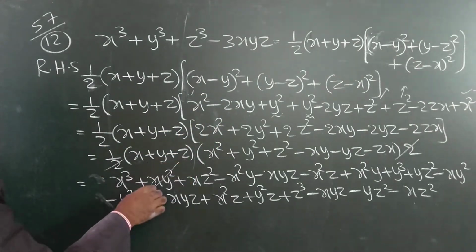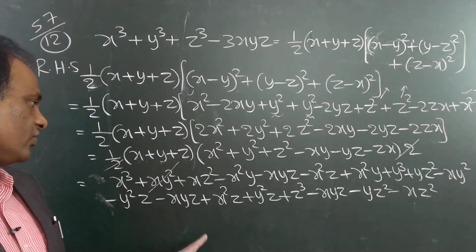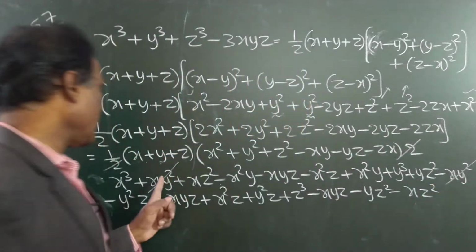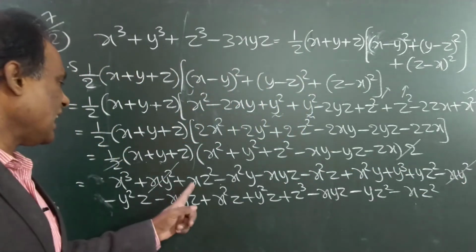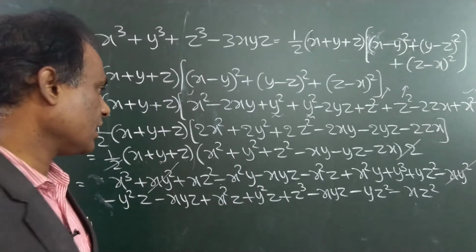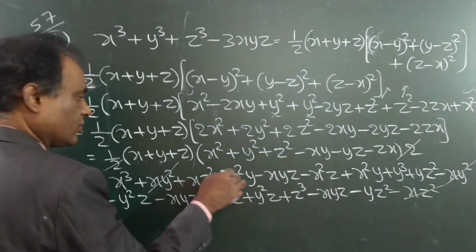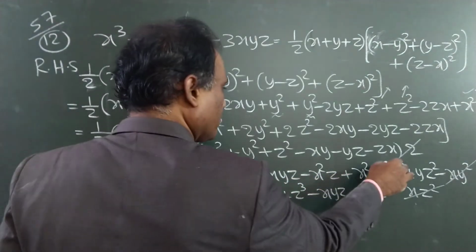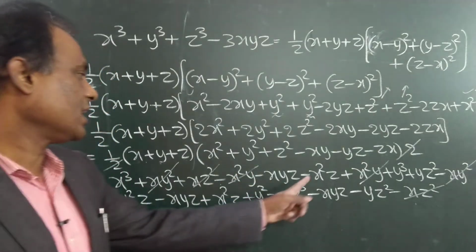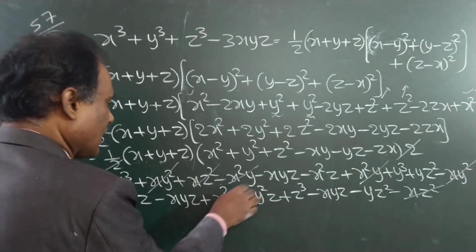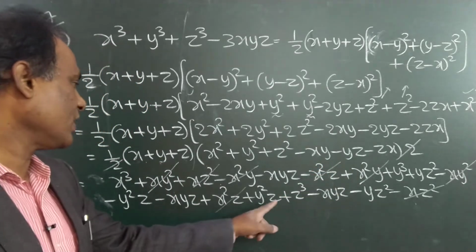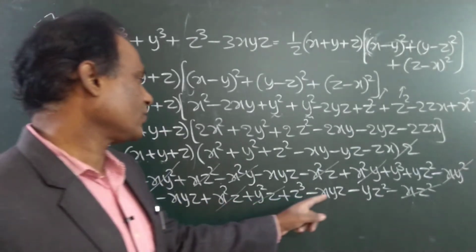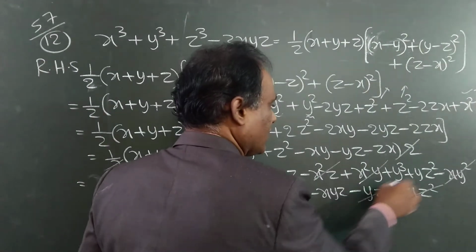Now the xy square terms cancel, the xz square terms cancel, x square y terms cancel, x square z terms cancel, y square z terms cancel, and yz square terms cancel.